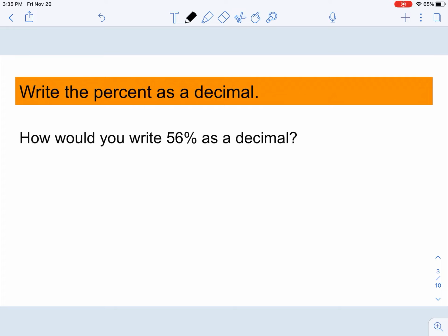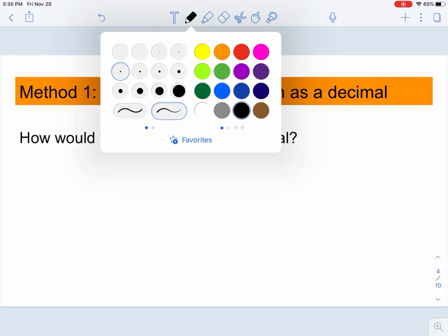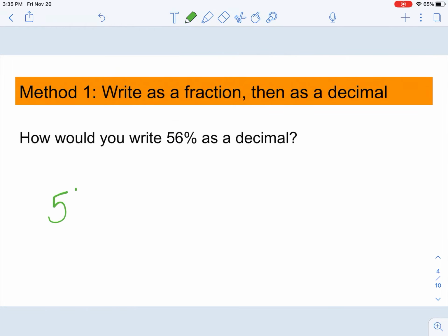All right, we are going to be talking about two methods that you can use to turn a percent into a decimal. In the first method, we can turn the percent into a fraction first. So 56%, you should remember that 56% is the same thing as 56 over 100.